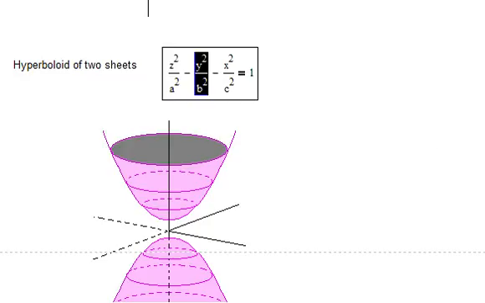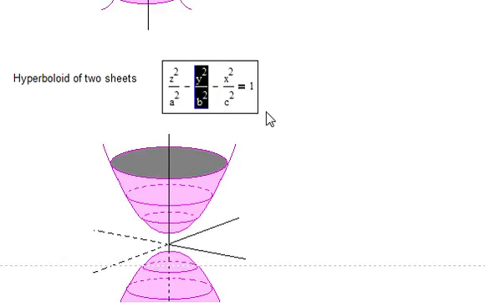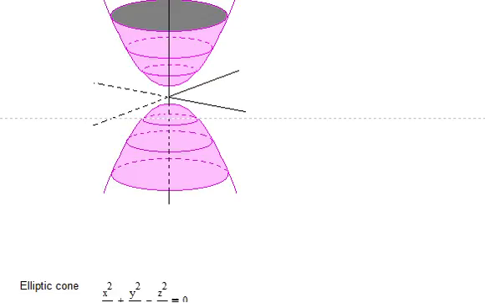And now you see why it's called a hyperboloid of two sheets. If you were to try to make a surface out of this one, you would need two different rubber sheets, the upper and the lower, so to speak. So that's why it's called a hyperboloid of two sheets. And of course, again, because of the traces being hyperbolas, you can probably understand why it's called a hyperboloid.